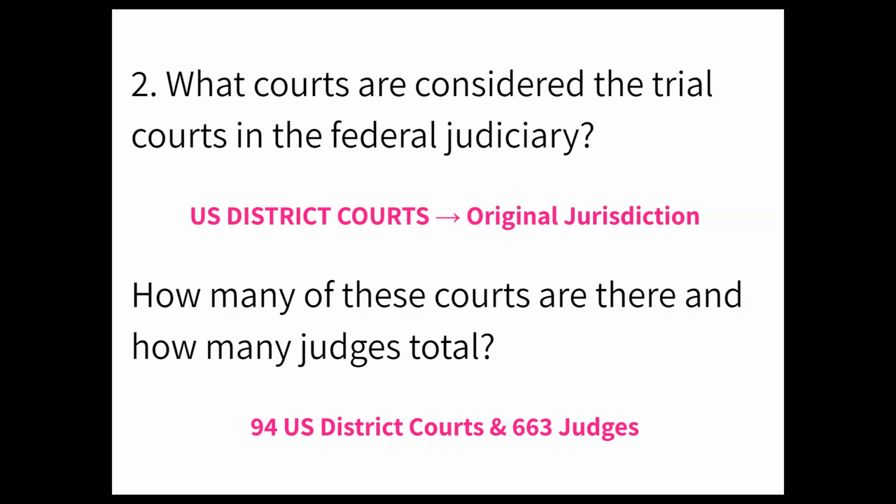Now, in the federal judiciary, if we look at that diagram, the courts of the federal judiciary are the U.S. district courts. District courts were created by Congress in the Federal Judiciary Act of 1789. U.S. district courts are considered trial courts in the federal judiciary, and they have what we call original jurisdiction. This means they get to hear a case first.